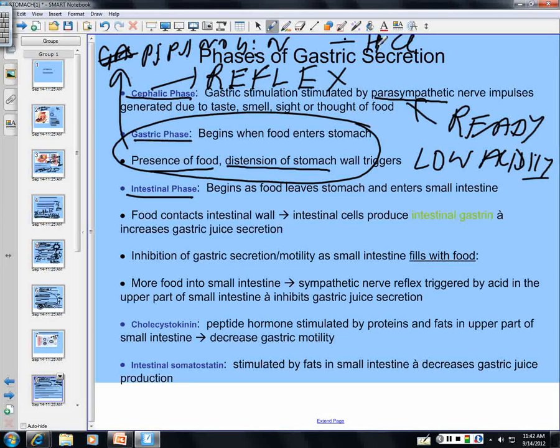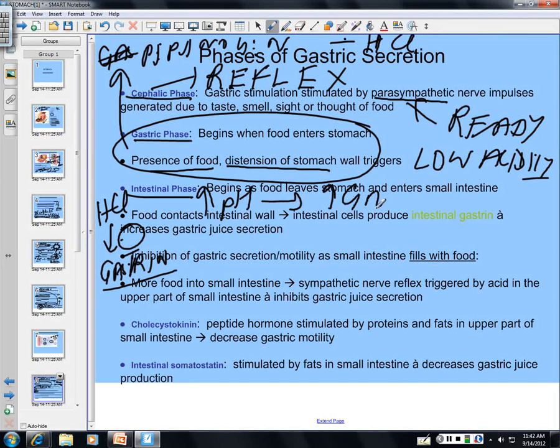Now, when the stomach becomes highly acidic, remember, HCl will inhibit gastrin secretion. Okay? When the stomach has high pH, it will stimulate gastrin secretion. Very, very interesting.